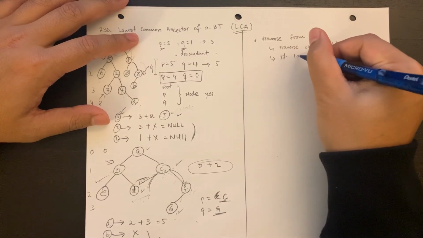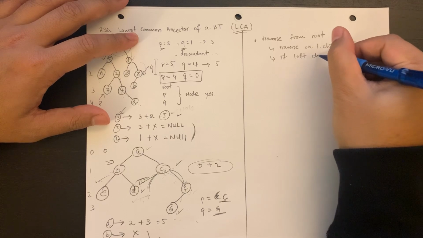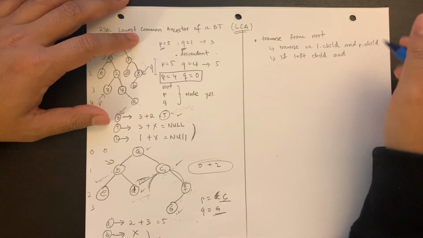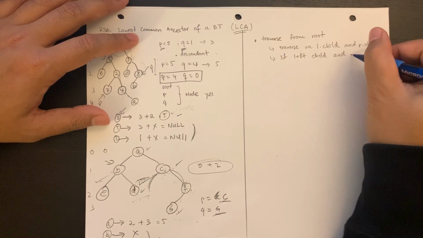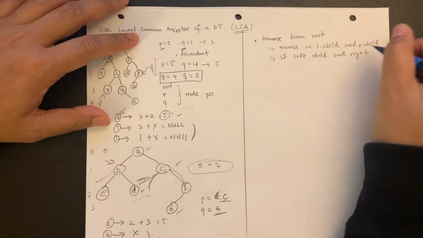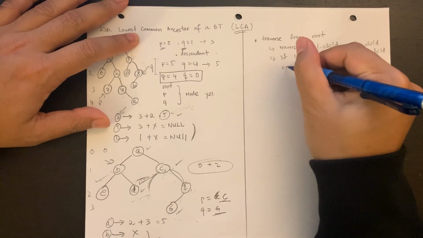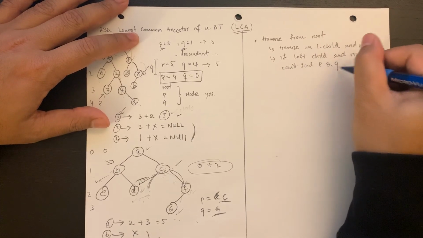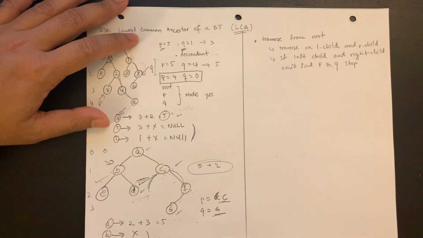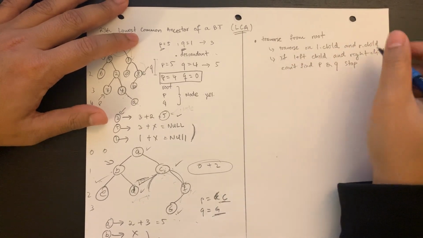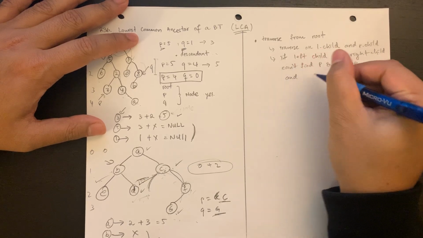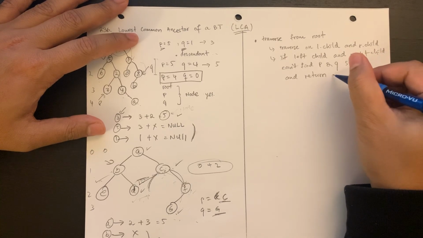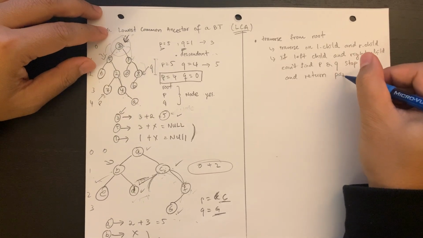If the left child and right child can find P and Q, stop and return the parent nodes.